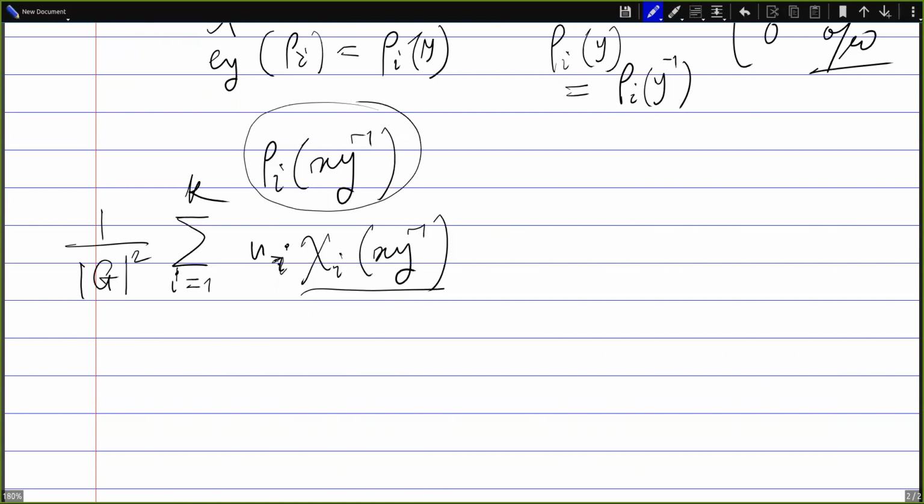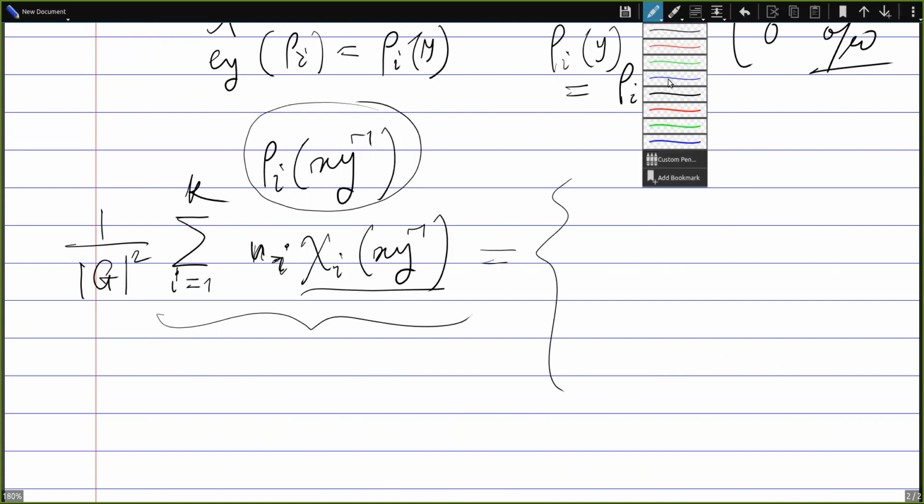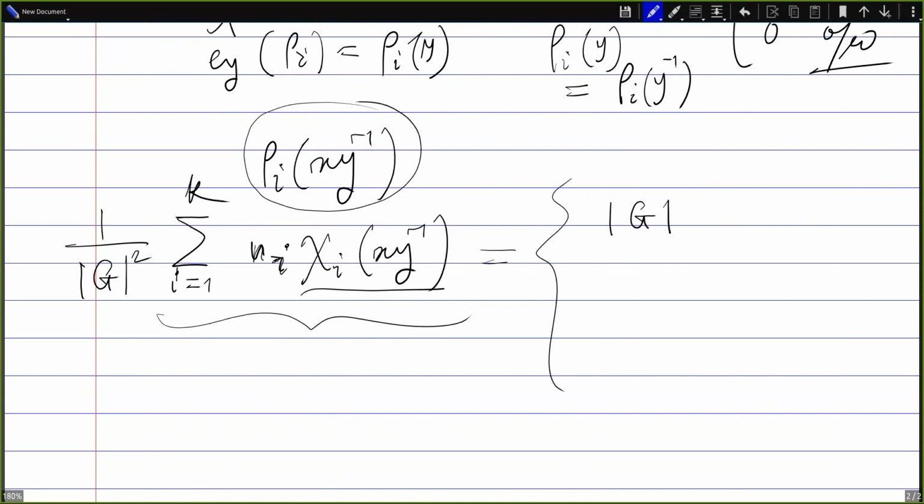Now again we know how to compute such a sum. This sum becomes exactly equal to the order of G if x y inverse is the identity, that means x equals y, and otherwise 0.